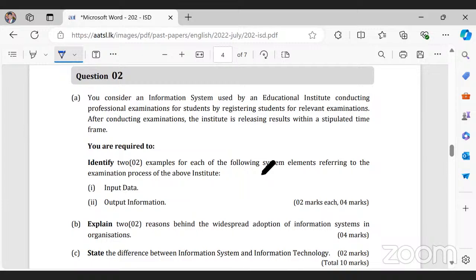Students' index numbers, data. Index number, exam result.